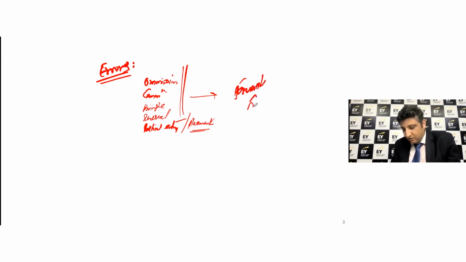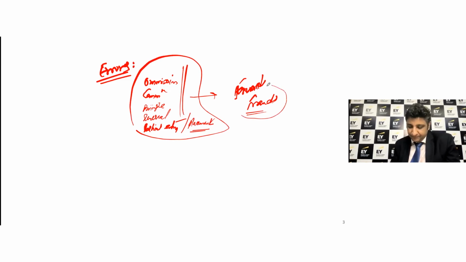So when you look at these errors, and by the way, including intentional errors also, right? So you talk about frauds, for example. In case an error is identified, in case a fraud is identified, then how do we deal with that? Well, the easy part is to correct that. You can't carry a mistake in the books, right?